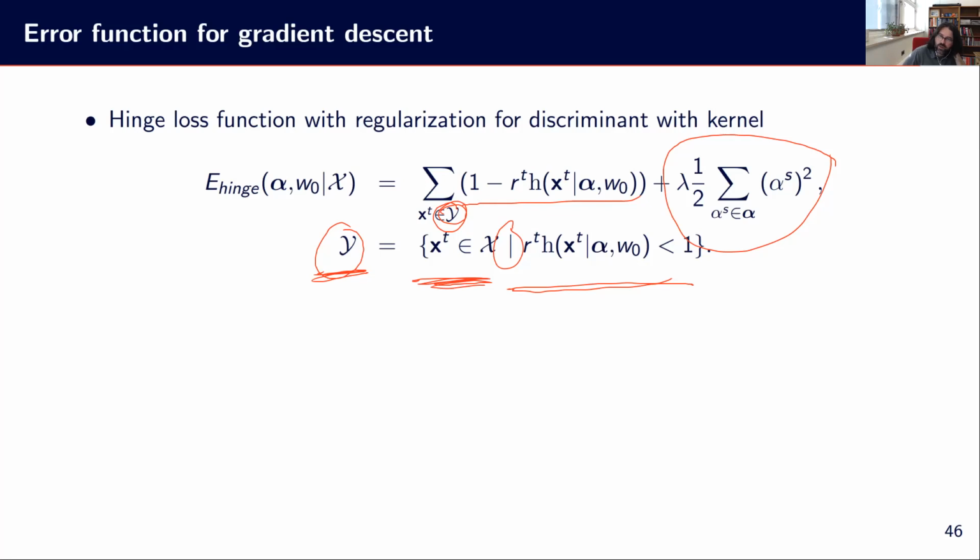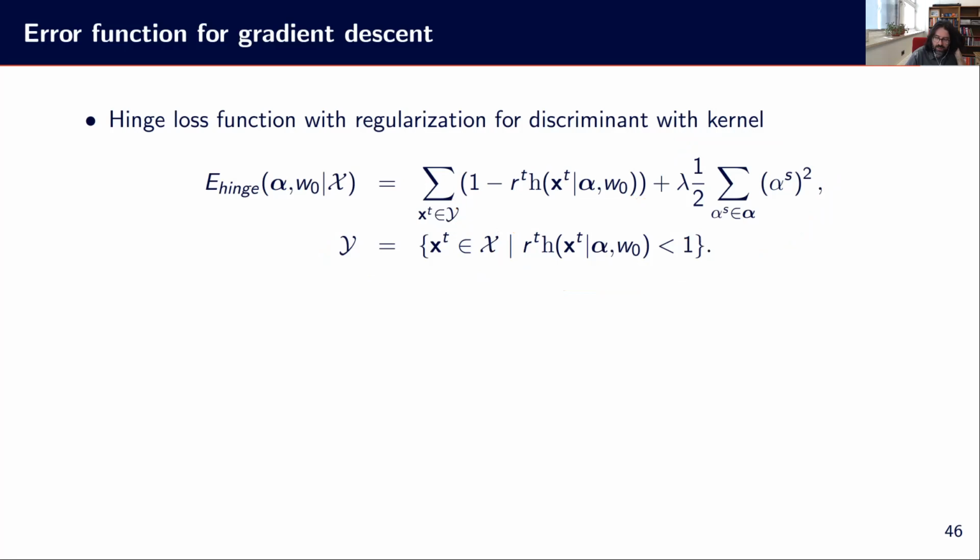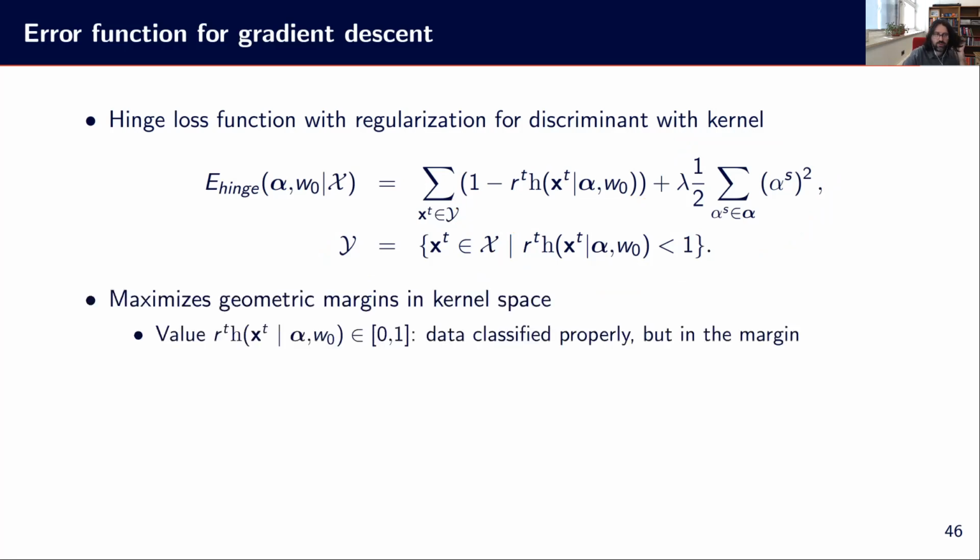This is really a Tikhonov regularization, a way to push the alphas to be as low as possible. We don't want all data to be support vectors. With that formulation, we are maximizing the geometric margin in the kernel space, and so we are working in the kernel space. This is the right thing also.